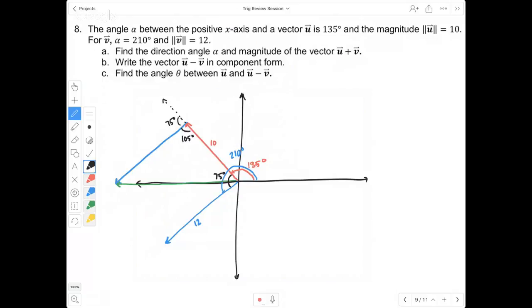Then I can use that angle between the two vectors to use the law of cosines to get the length. So c squared equals 10 squared plus 12 squared minus 2 times 10 times 12 times cosine of 105 degrees.